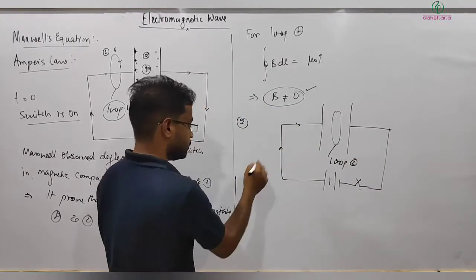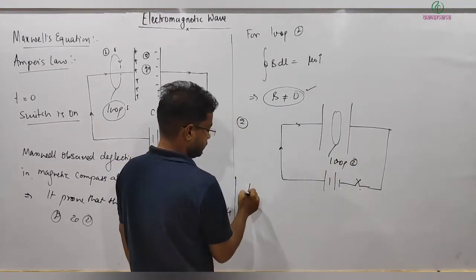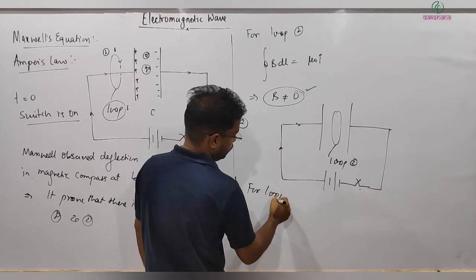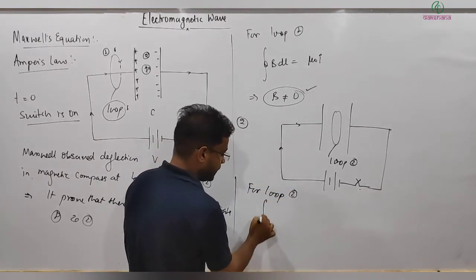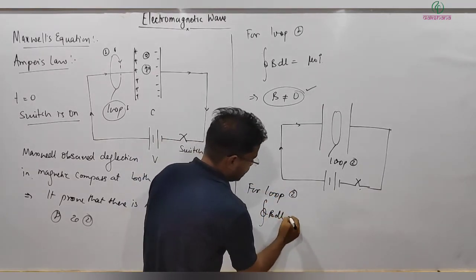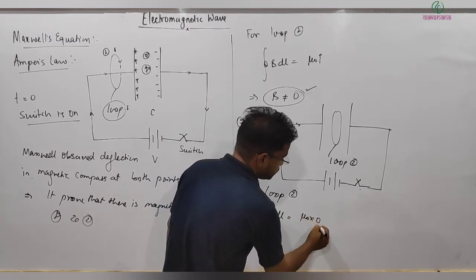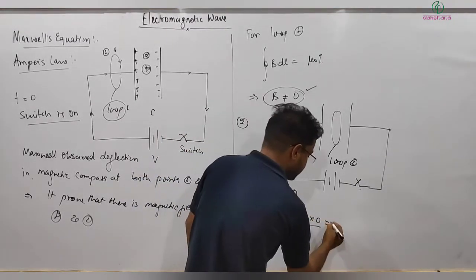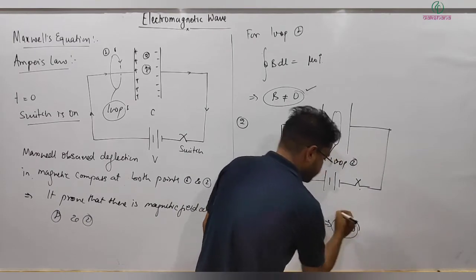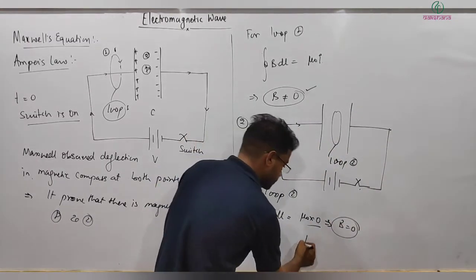Clear? So now for this situation, for loop 2, if I apply the integral of B dot dl, that means mu naught into I enclosed must be 0. So this implies B must be 0, but it was not.